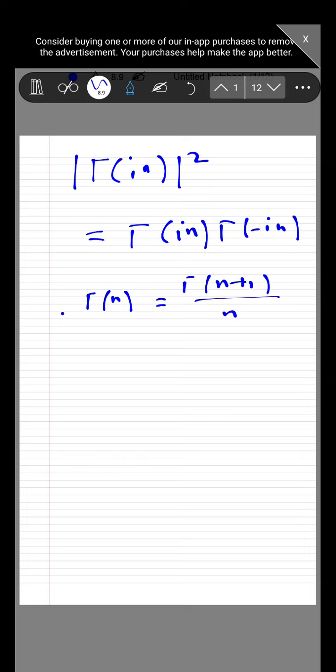So we use this relationship here: Γ(-in) is equal to Γ(1-in) divided by (-in).